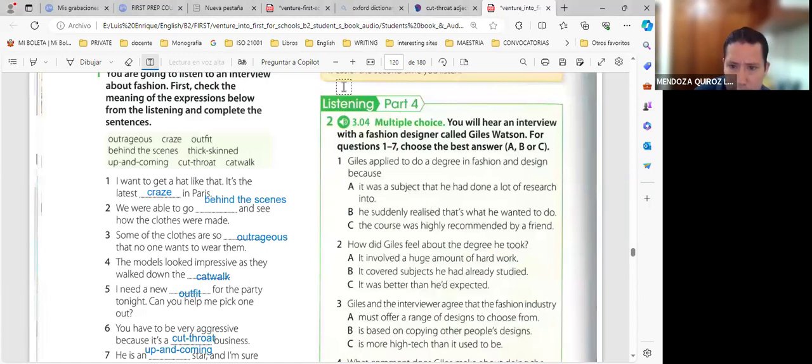Joining us this morning is Giles Watson, an up-and-coming figure in the world of fashion. Giles, thank you for coming into the studio today. My pleasure. What initially attracted you to the fashion world? I'll have to go a long way back to answer that one. In fact, back to my final year at school. I'd always been interested in graphic design, and I'd done quite a bit of research into courses at different universities.